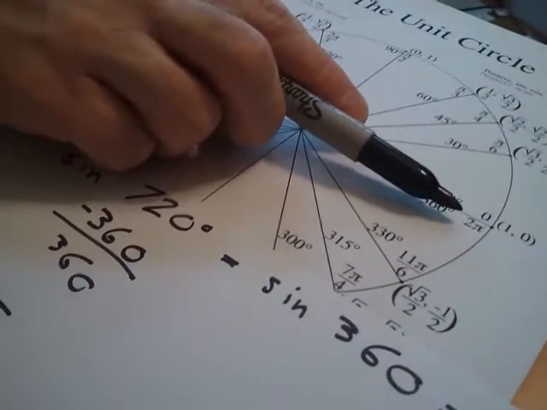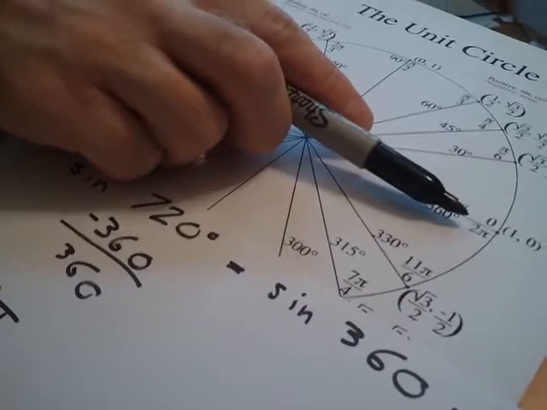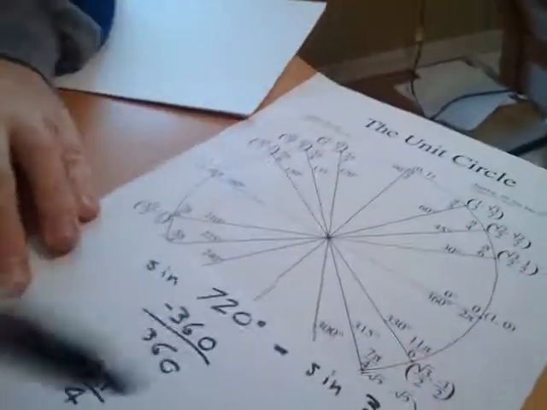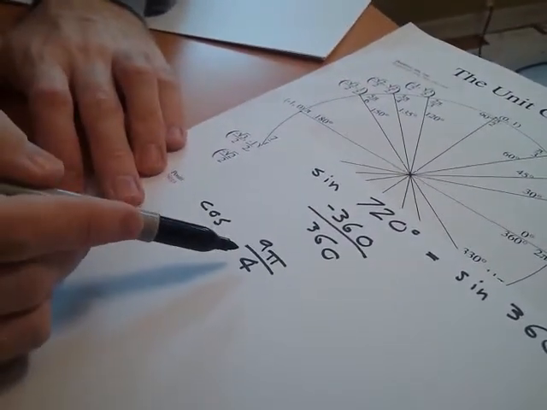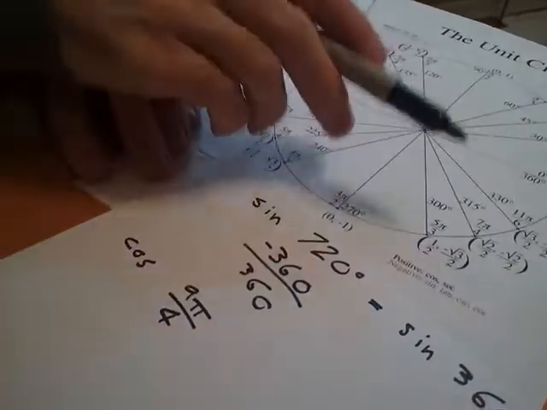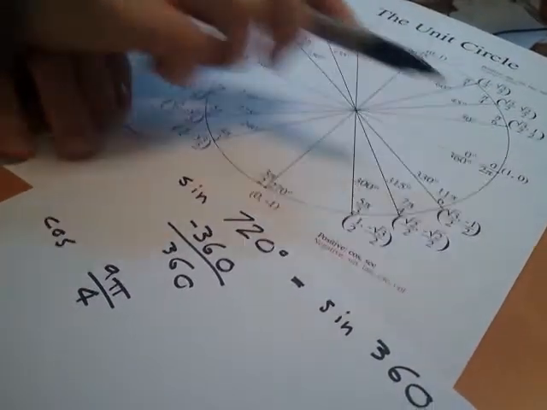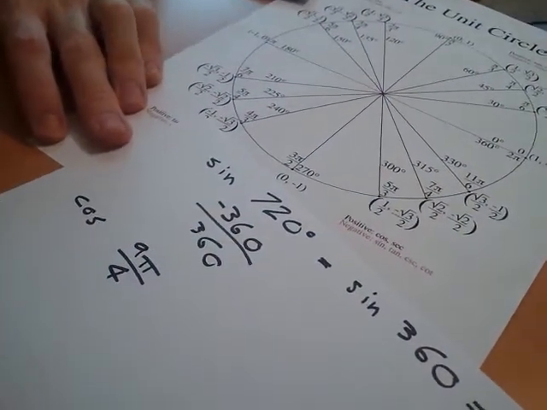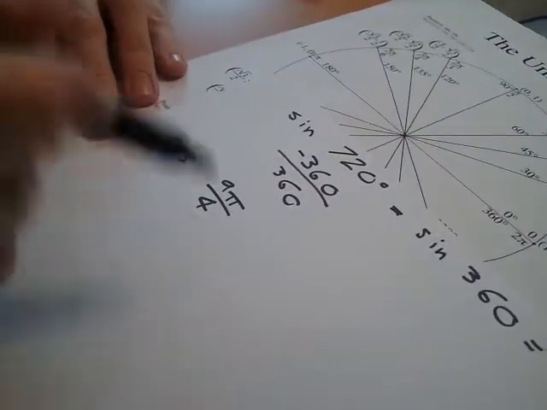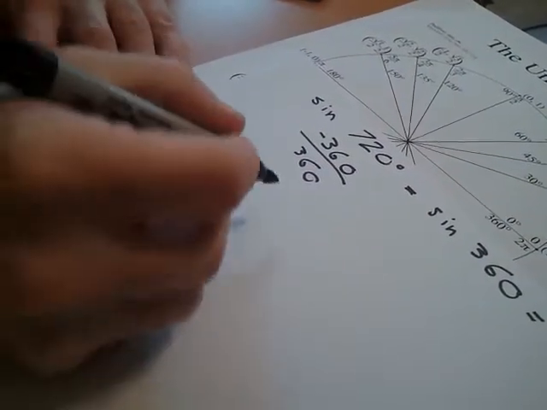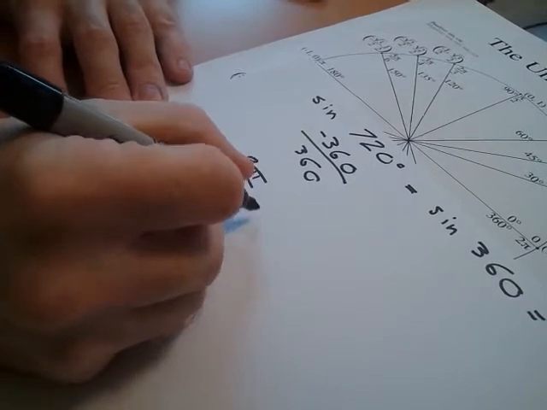We can't go any bigger than 2 pi. Otherwise, it's not going to be on the unit circle. And the biggest one we've got here is 7 pi over 4. Looks like this 9 pi over 4 is not going to be on the unit circle. So we're going to need to subtract 2 pi from this in order to get it to fit.